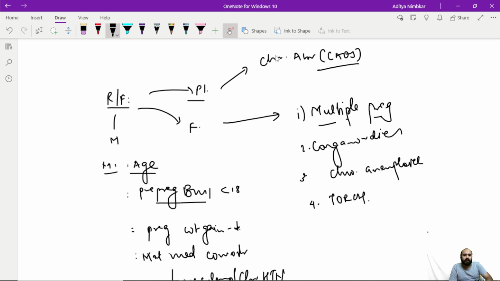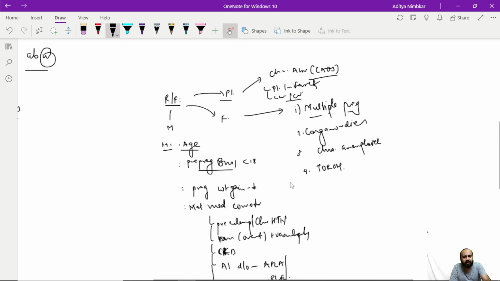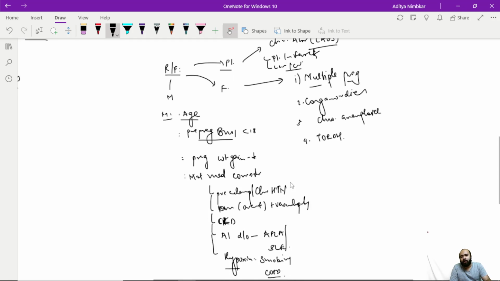Apart from that, if there is single umbilical artery which is seen in cases of abnormalities, or placental infarcts that you see in patients with APLA syndrome. So these are all the important factors, circumvallate and circummarginate placenta. So these are all the high risk factors that in a patient can predispose to the risk of fetal growth restriction.